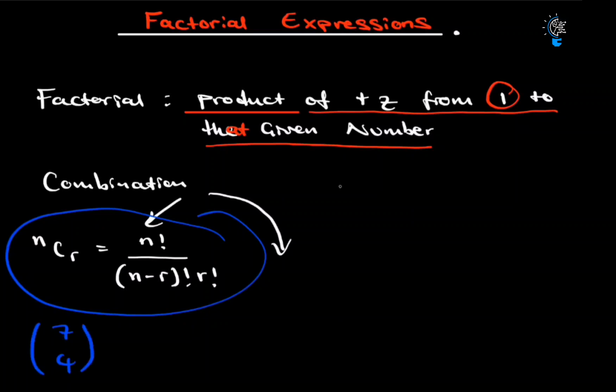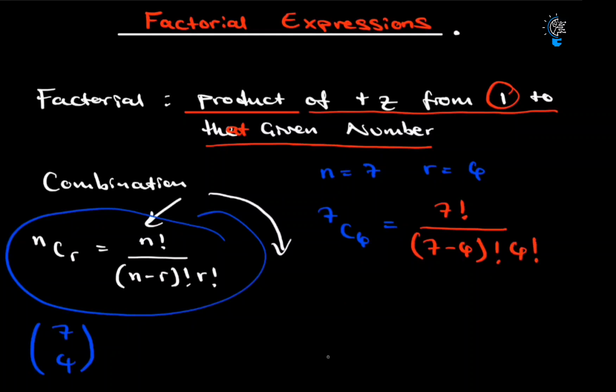Using the same formula that we have here, we know that n is equal to 7 and r is equal to 4. So this can be written as 7 combined 4, which is equal to 7 factorial divided by (7 minus 4) factorial, 4 factorial.